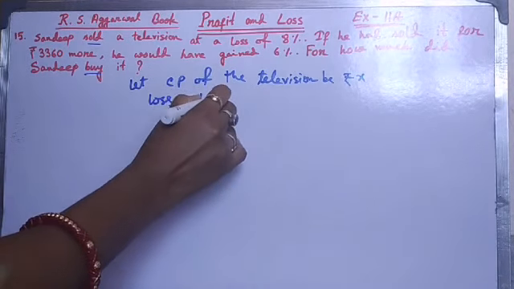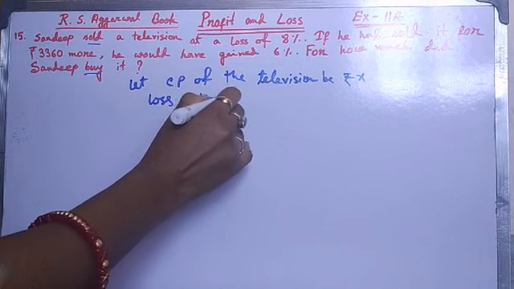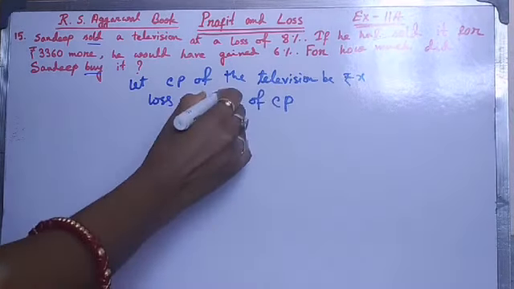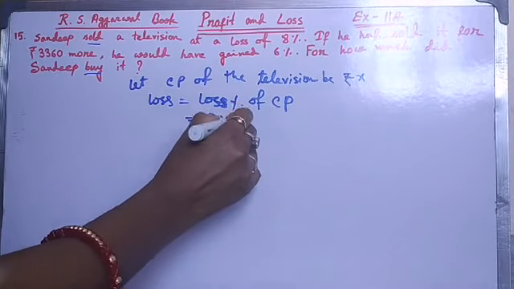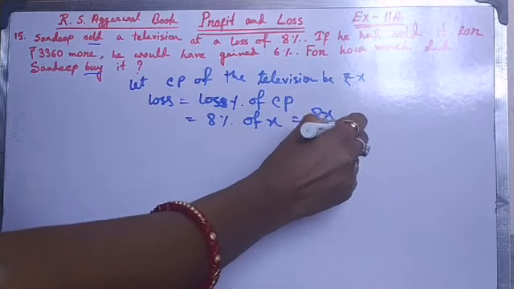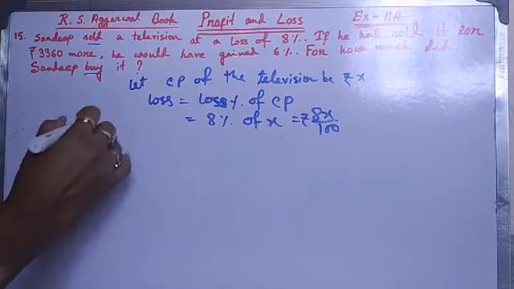Loss equal to loss percent of CP. That means loss percent is 8% of x, that means 8x by 100, that is loss.